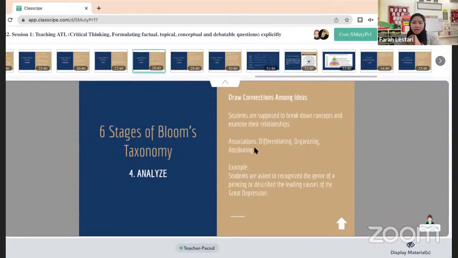Analyze is the next level, where students are supposed to break down concepts and examine their relationships.